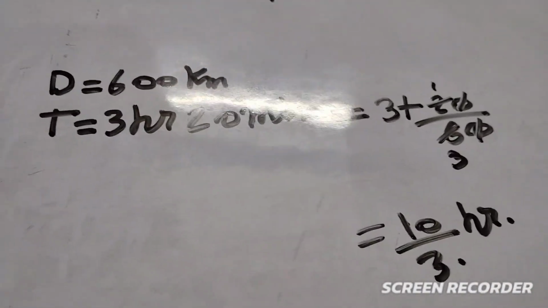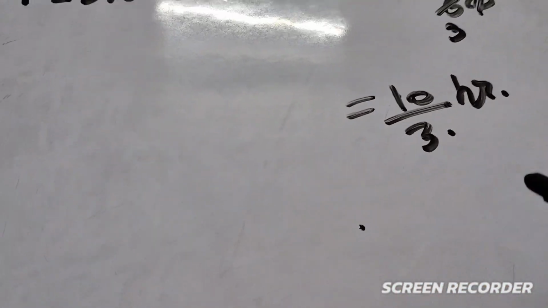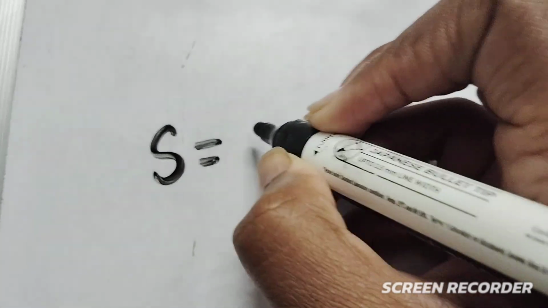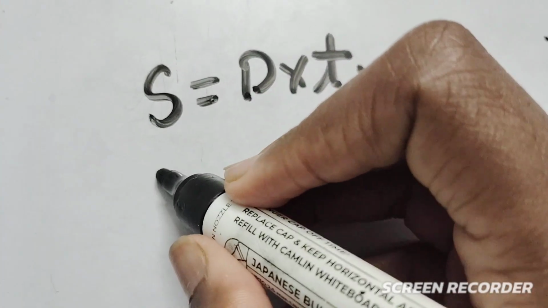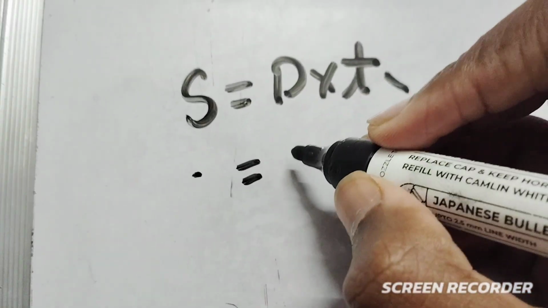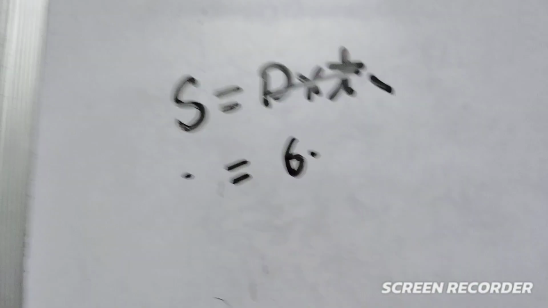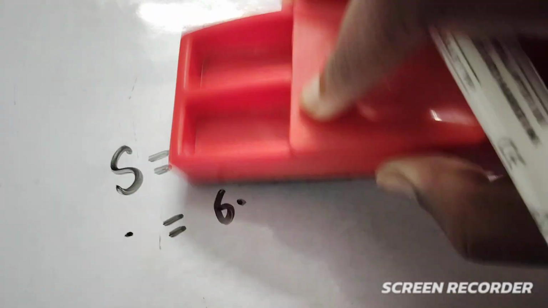And now we have distance and time both. Then we have to find speed. Speed is equal to distance upon time. Sorry, I did it wrong, my mind is on time.